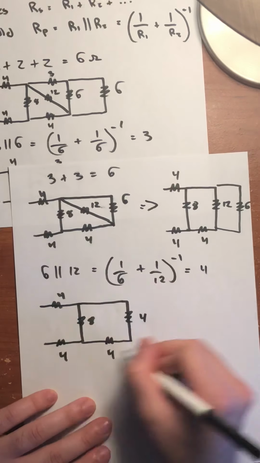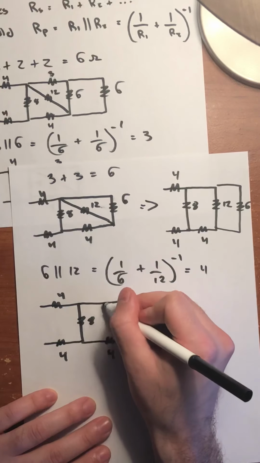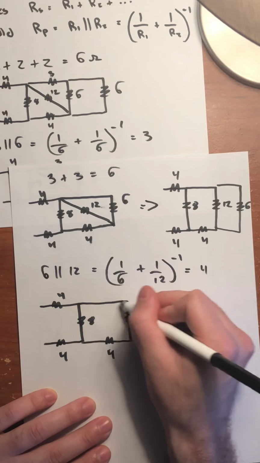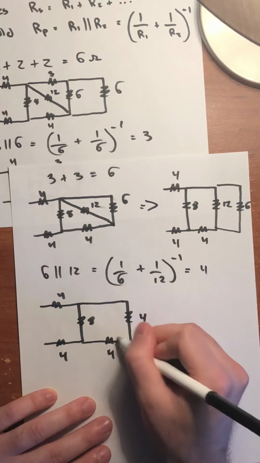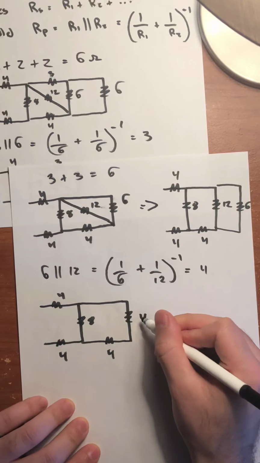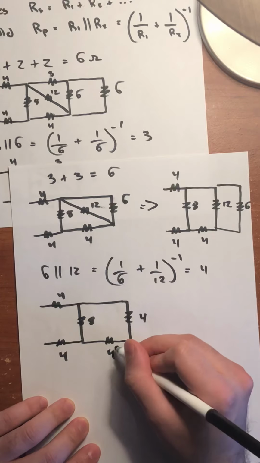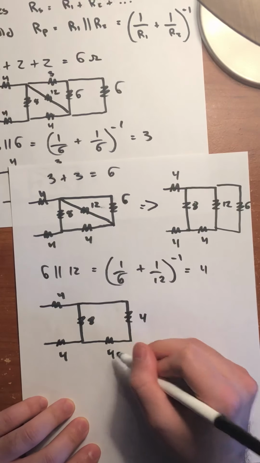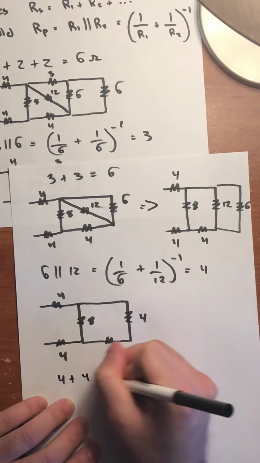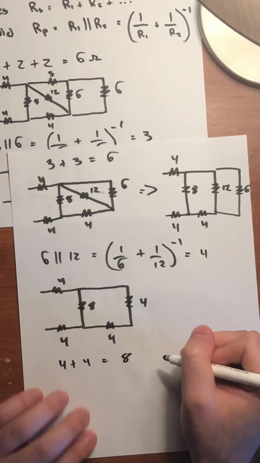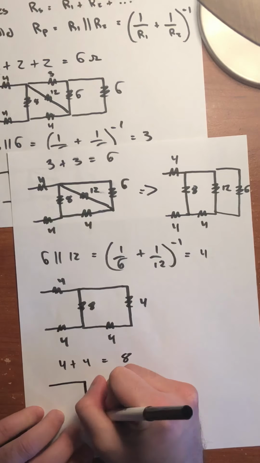Since we drew this circuit, the current going into here is the same current that goes through here and through here too. So 4 ohms will be in series with this 4 ohm resistor too. We say 4 plus 4 equals 8. Let's draw the circuit again.